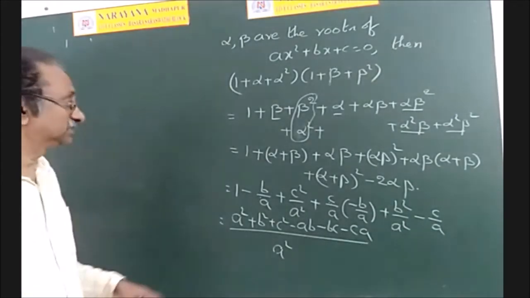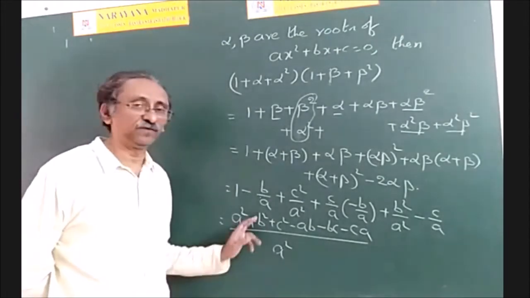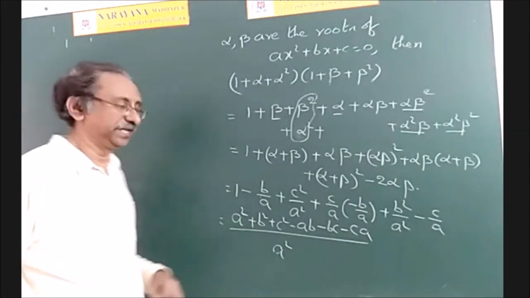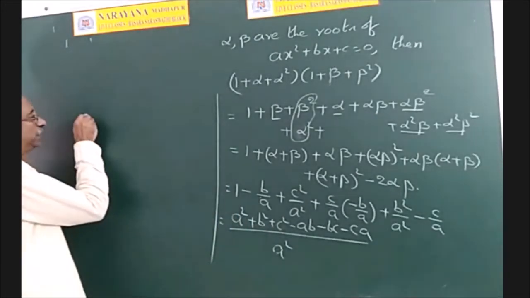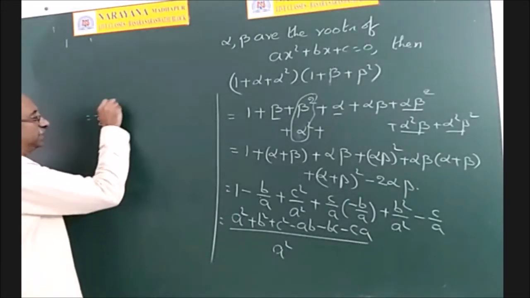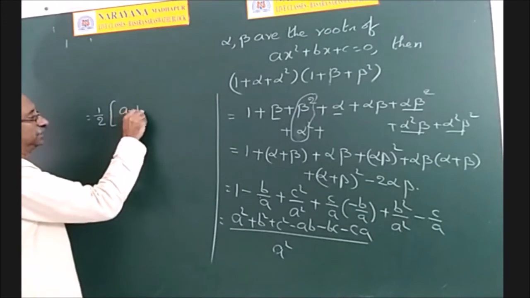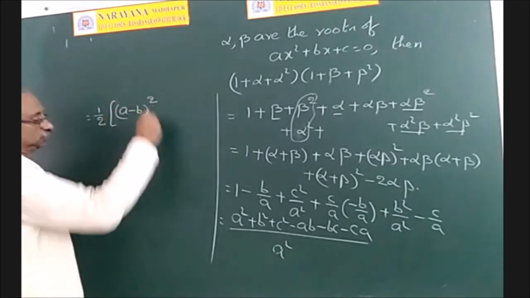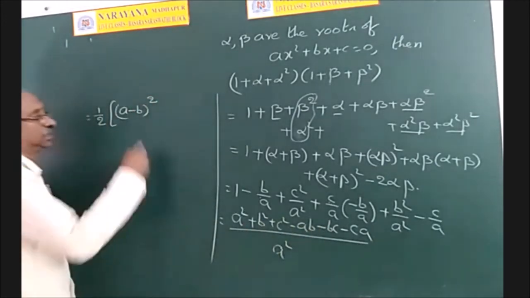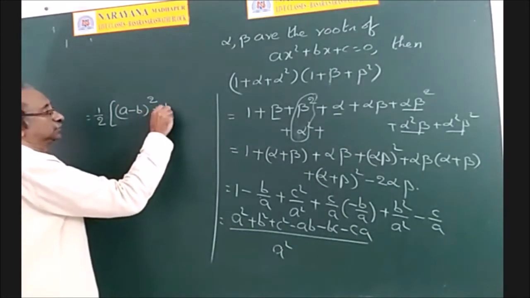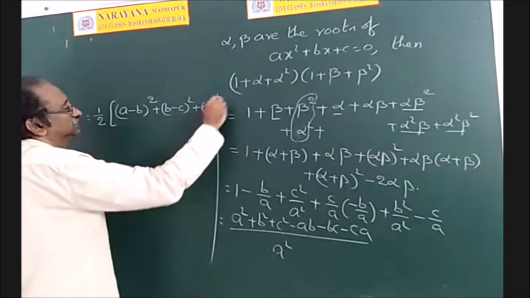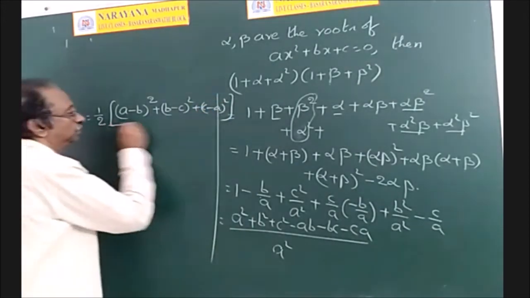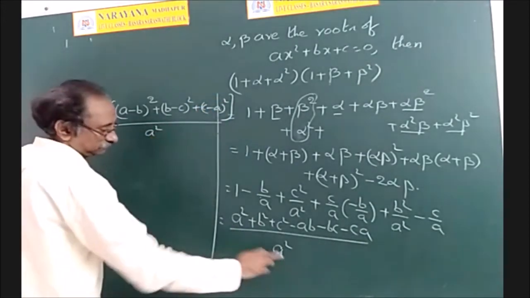And using this, I can say that this is always non-negative. This cannot be negative at all because the denominator is already positive. See the numerator. You know that formula very well, and it is important also. This numerator can be written as half into a minus b whole square plus b minus c whole square plus c minus a whole square, whole by a square.